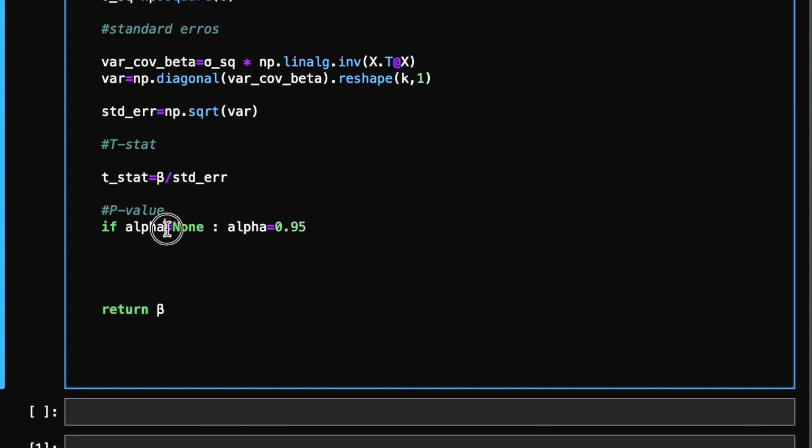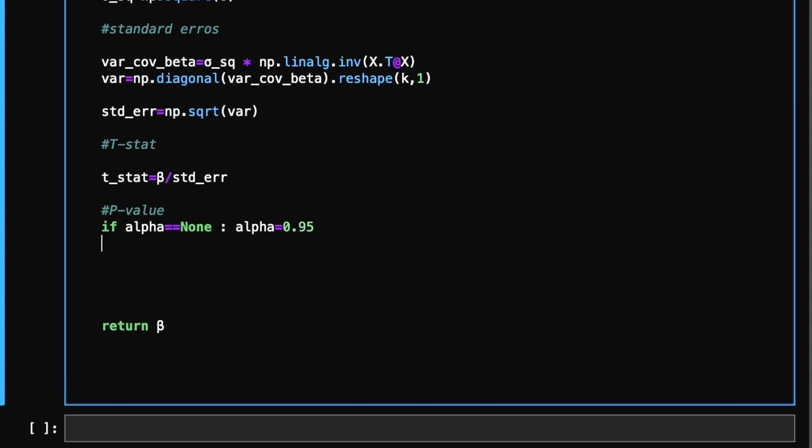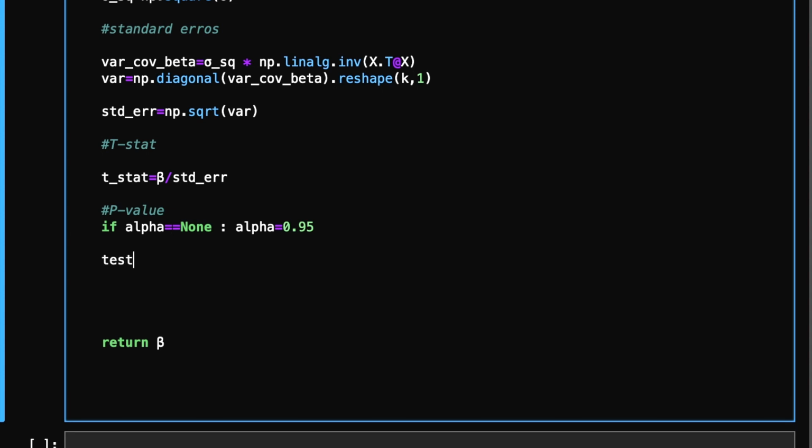So if no input is given, it's just going to set the default to 95%, and if some input is given, it's going to take that as an input. So we need the t score from the t distribution: t.ppf, which gives us the quantile of the t distribution, and the first argument is going to be (alpha plus 1) divided by 2, and then the second argument is just going to be the degrees of freedom.